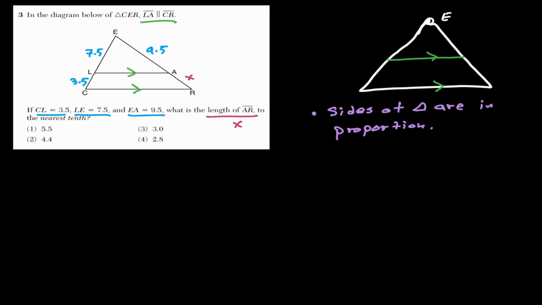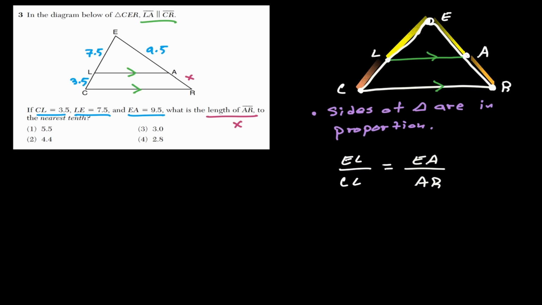This is point E, this is point L, C, R, and A. And that proportion is, if I take the upper section on the left-hand side and divide it by the lower section still on the left-hand side, that is going to be the same on the right-hand side. If I take the upper section and divide it by the lower section, we are always obtaining this proportion.